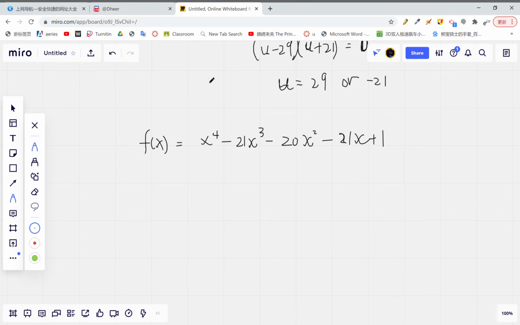And what we find, so S is going to be the sum of real roots.